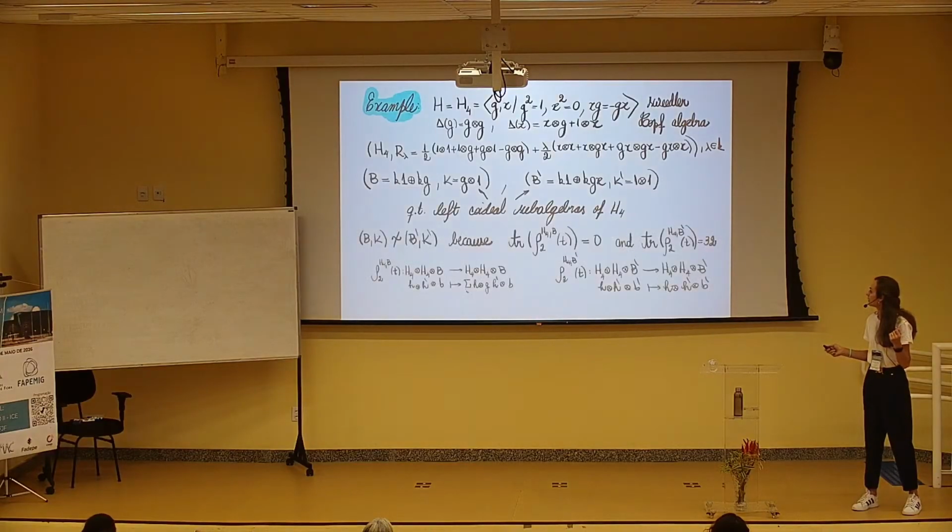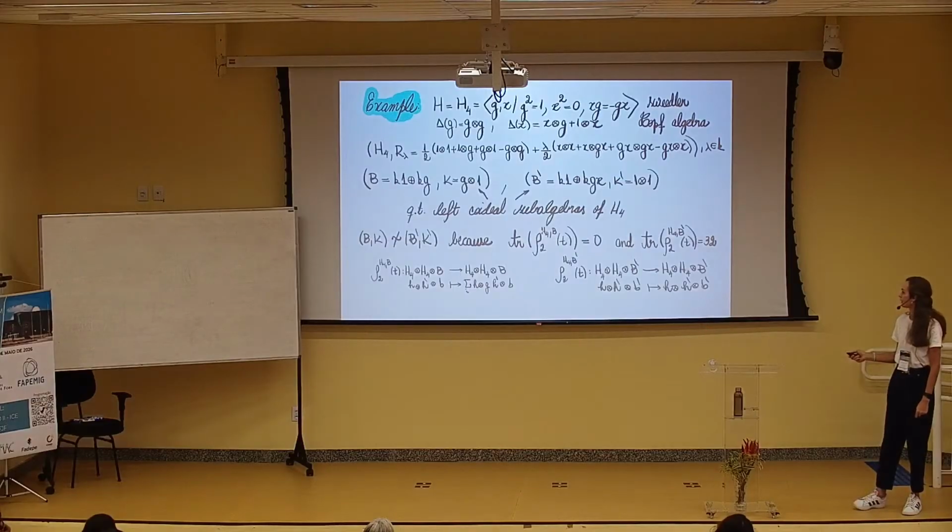And you can check that these are not Morita equivalent. So the categories of representations of this one as module categories over this one are not braided equivalent, because the trace of this representation here is 0, because it's just a permutation of the basis, and the trace of this representation here is just the identity.